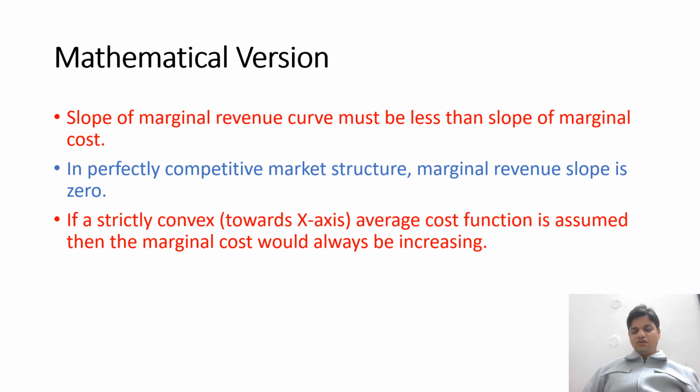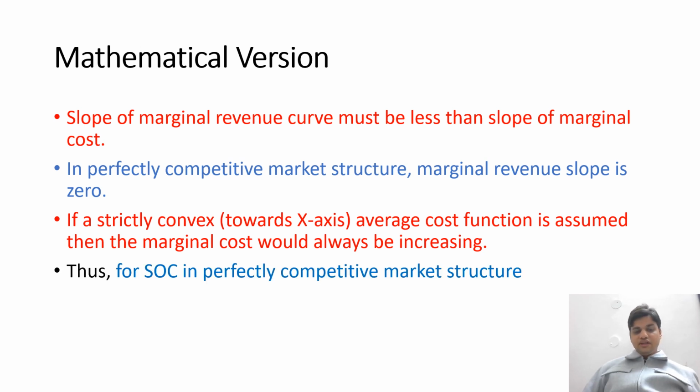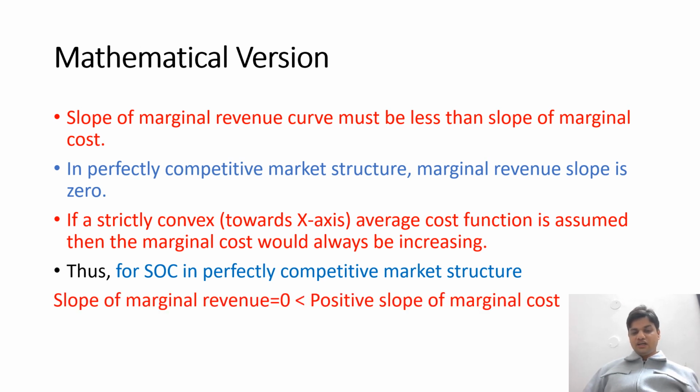Since average variable cost is increasing, obviously marginal cost is always increasing. Thus, for the second order condition in perfectly competitive market structure, the slope of marginal revenue, which is zero, is always less than the positive slope of the marginal cost.